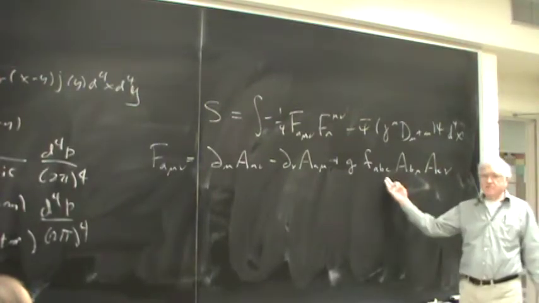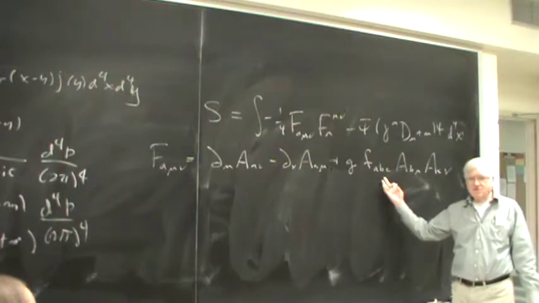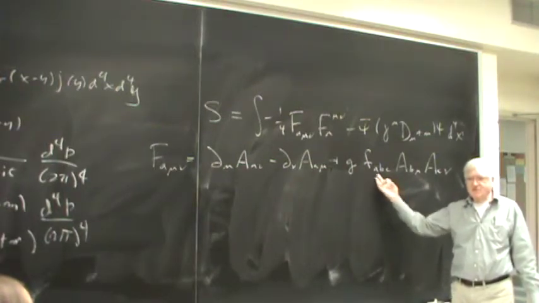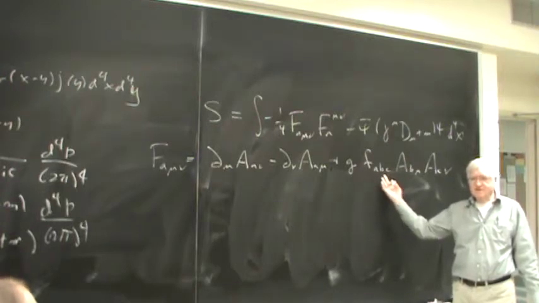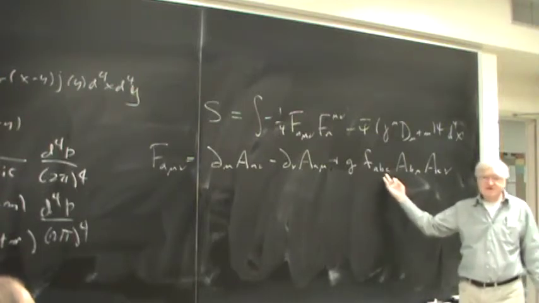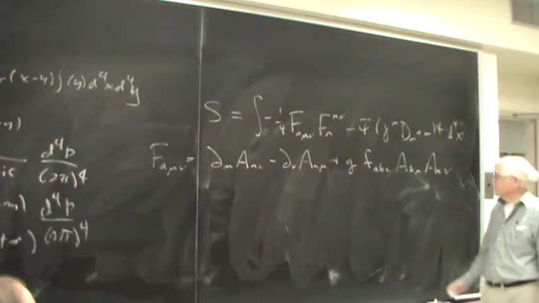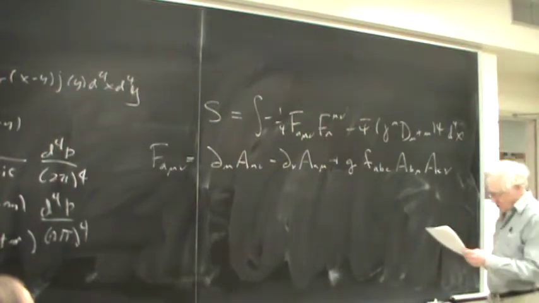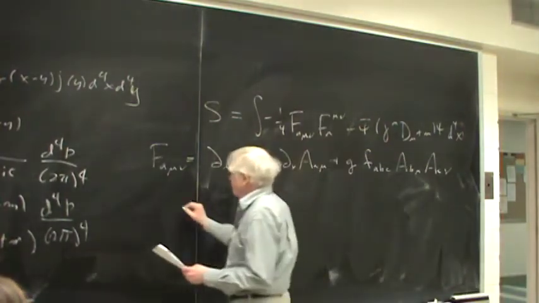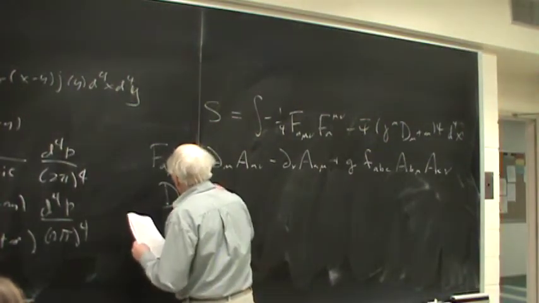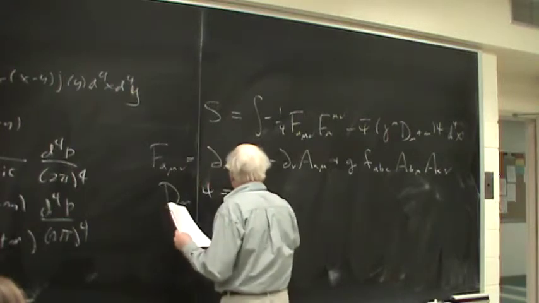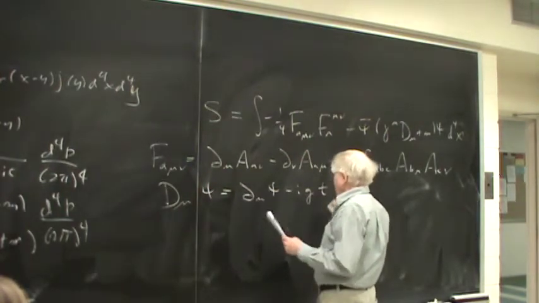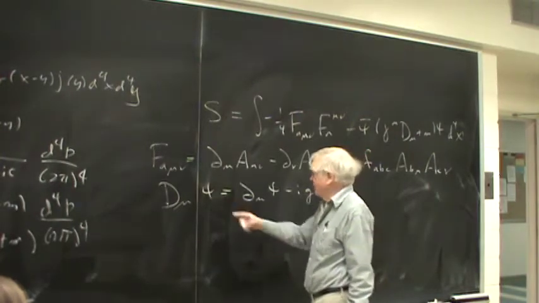So these are, those of you who took 467 from me when I did group theory, I emphasized these structure constants. And the reason, of course, is that they show up there. The covariant derivative D_mu psi is the ordinary derivative minus i g, and then this psi is in some representation.